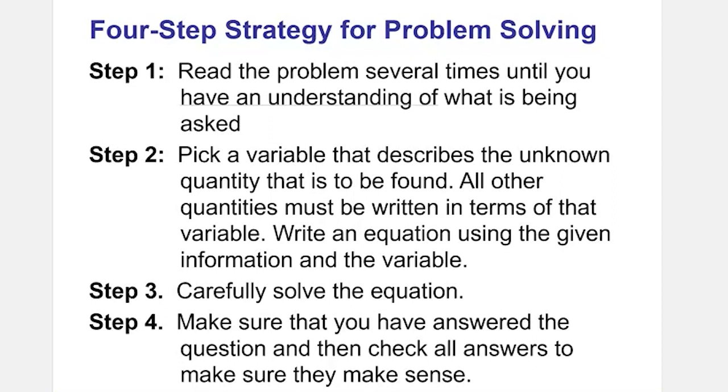You can write adult, or you can write A instead, adult and child, maybe A and C instead of X and Y. At least that way, when you find the answer, you know what that variable means. All other quantities must be written in terms of that variable. Write an equation using the given information and the variable. So step 2, we're actually trying to figure out what we're going to call that variable and the equation that's going to give us the information.